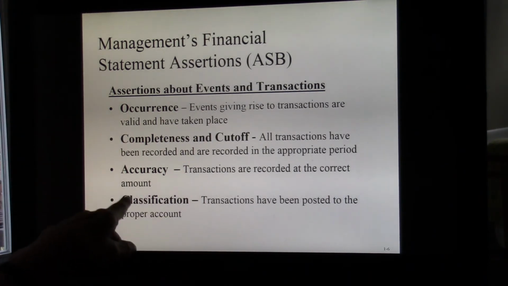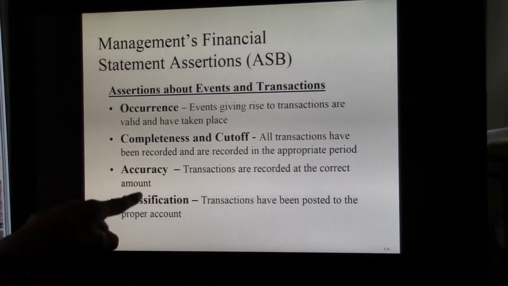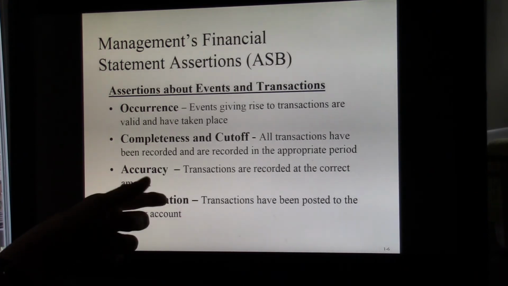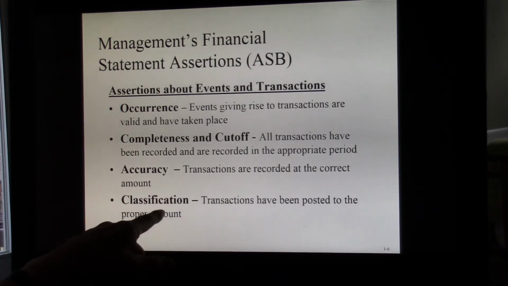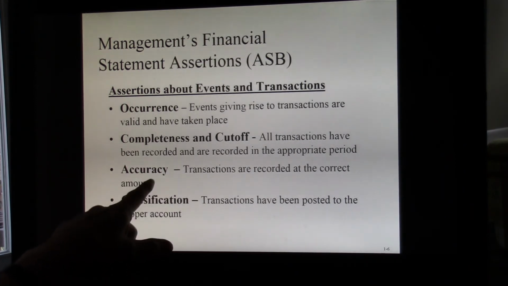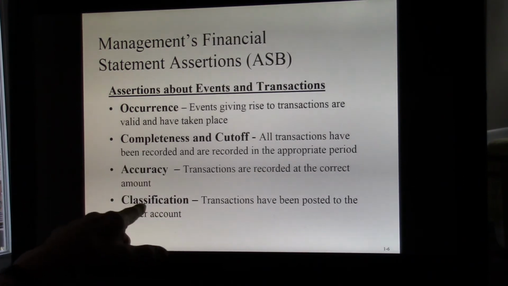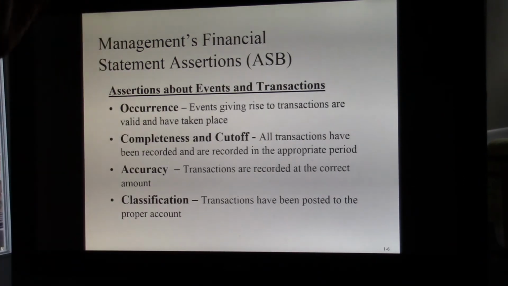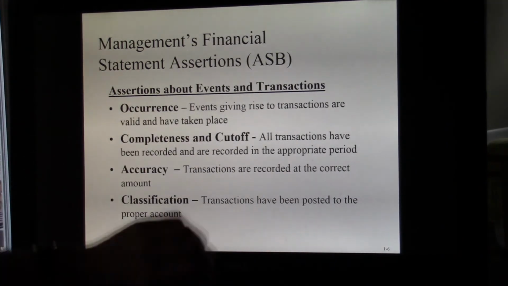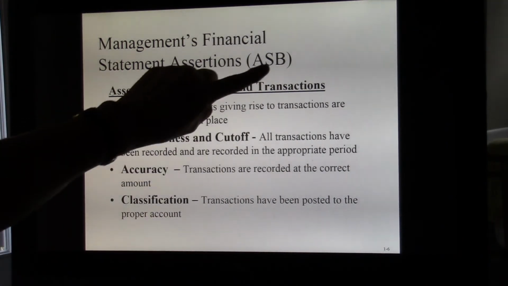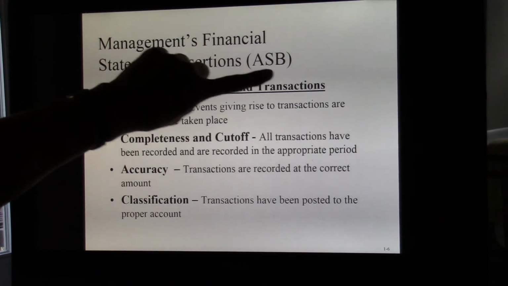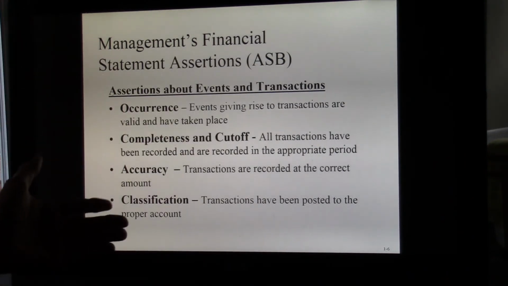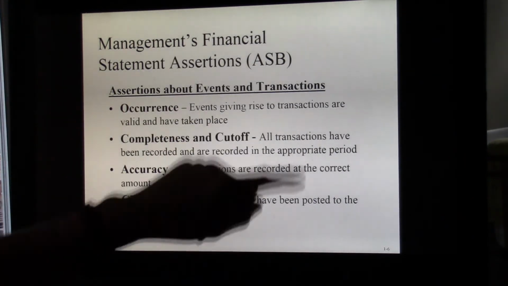And classification in the proper account, right? So if you had an expense, it's not listed as an asset. If you have an account receivable from Joe, it's not listed in Jane's. So these are transactions that occurred, and here's what you need to test. If you're doing an ASB compliant audit for a private company, here are the assertions you need to test for events and transactions.